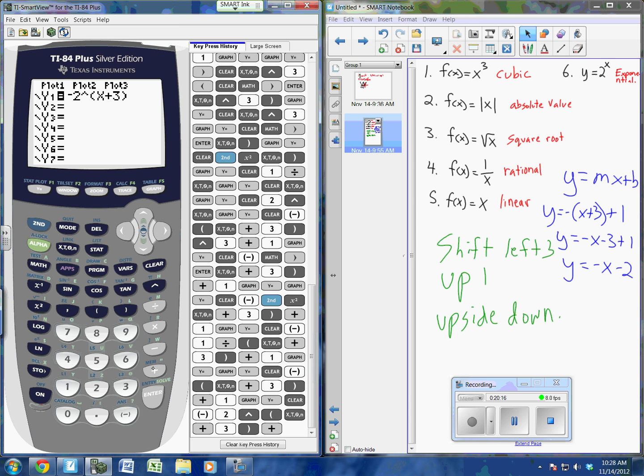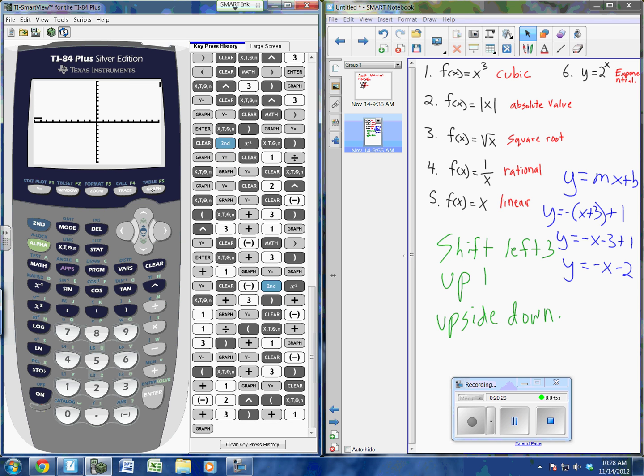And then I add 1 to the function, and it's going to move it up 1. Negative 2 to the x plus 3 power plus 1. And that's what it should look like. Okay, it takes your exponential function, flips it upside down, and that's what it does. Any questions there?